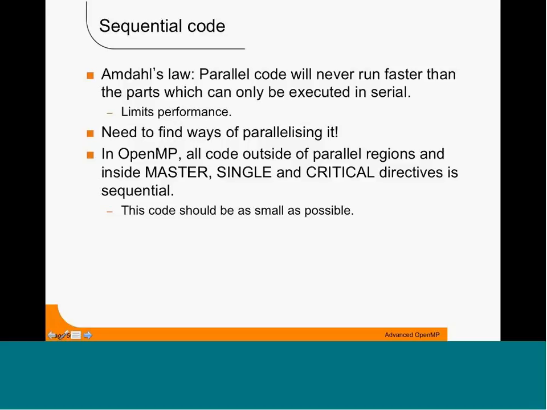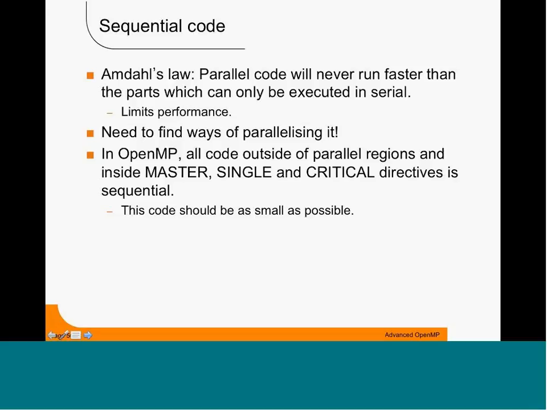Many of you already know about Amdahl's law. It says parallel code is only as fast as the parts which can only be executed in serial. So the more code which is serial rather than parallel, the less speedup.